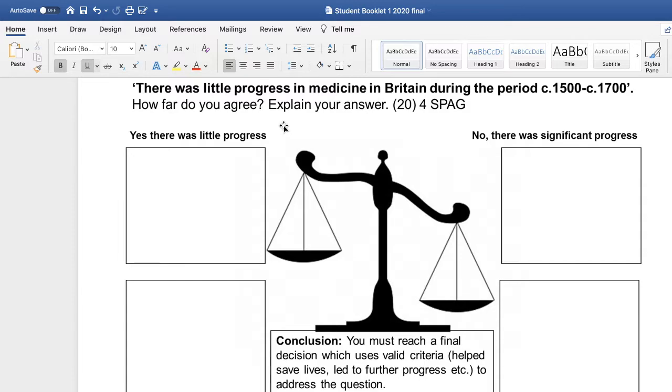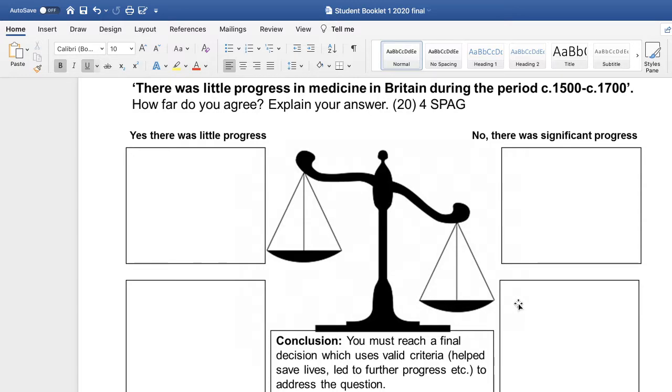Now, regardless of what you believe, you need to picture you are a scale. The whole point of a judgment question is you need to be able to evaluate. And what that means is you need to show me two sides and then really show me why you are arguing your side. And that's the point of a judgment question.